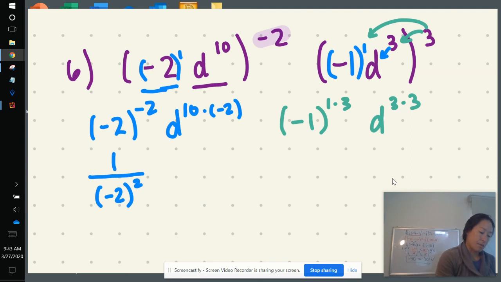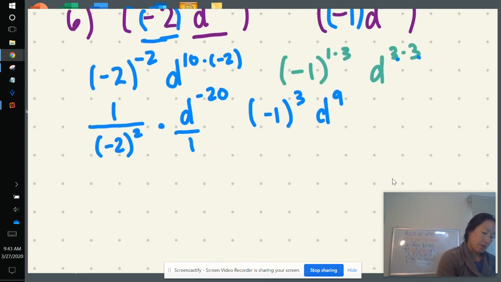Put a 1 on top. And then I'm going to do d times d to the negative 20. We'll change that in a second. Times negative 1 to the third power times d to the 3 times 3 is 9. Okay, so technically all of these are over 1.